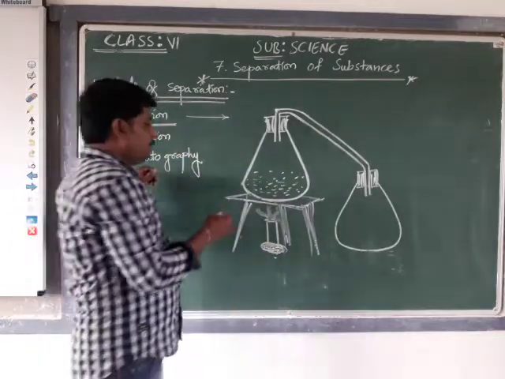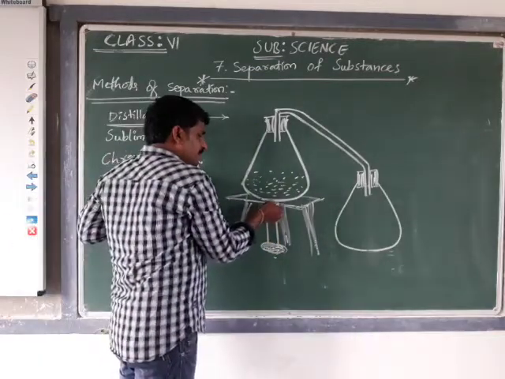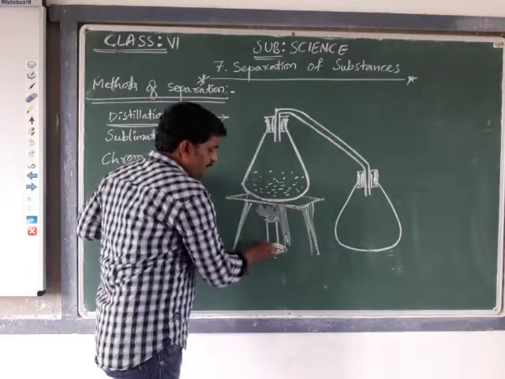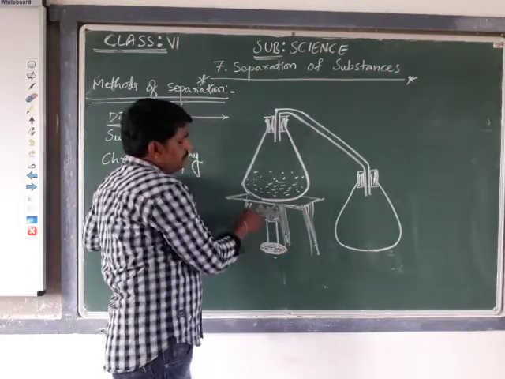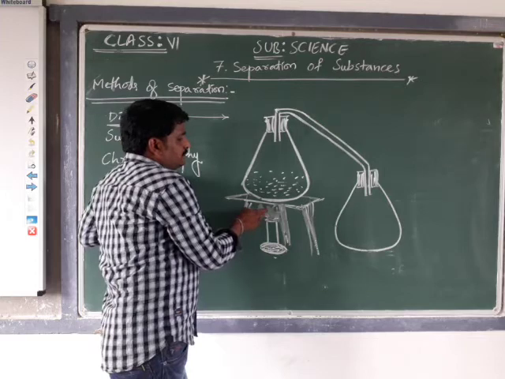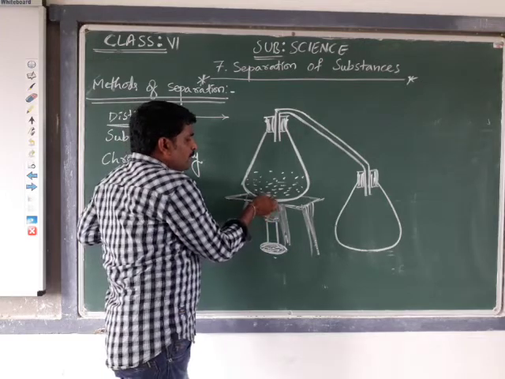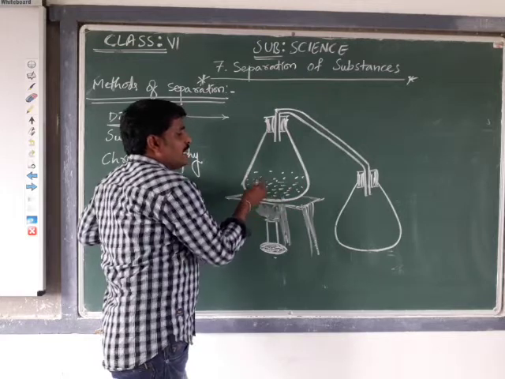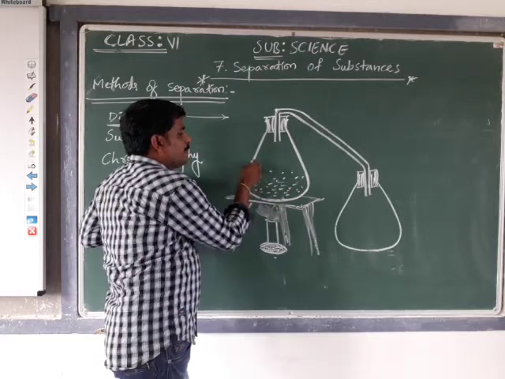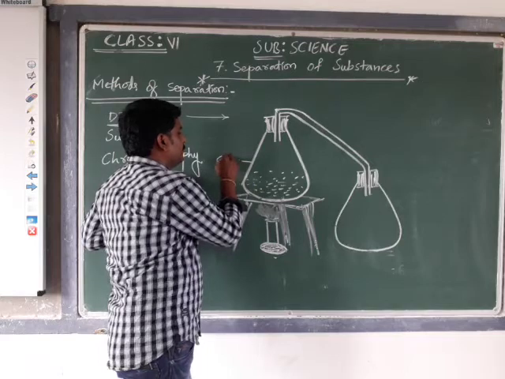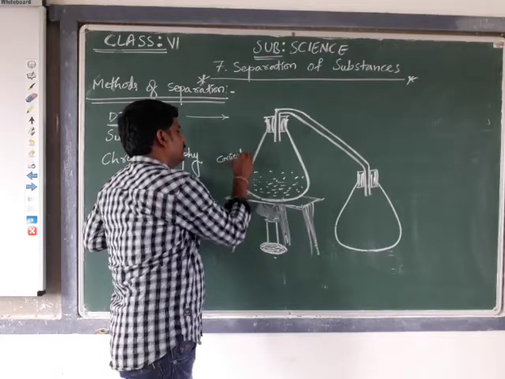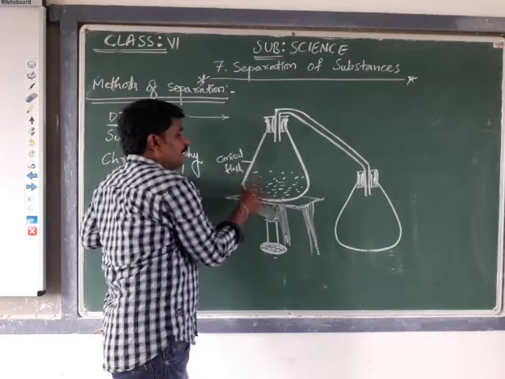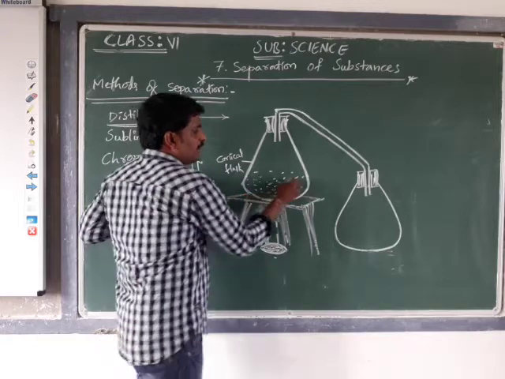Now what happens when we light this burner? Slowly the water in this conical flask gets heated, until it reaches the boiling point of water.